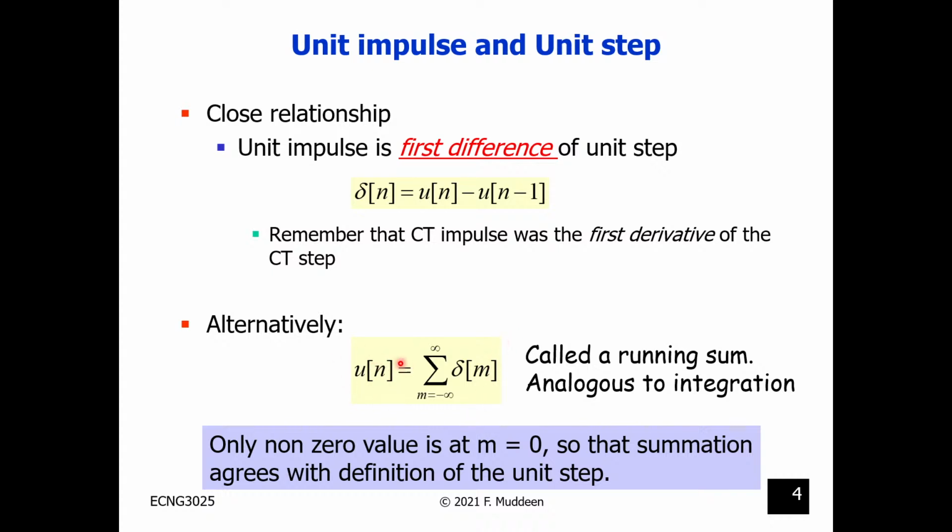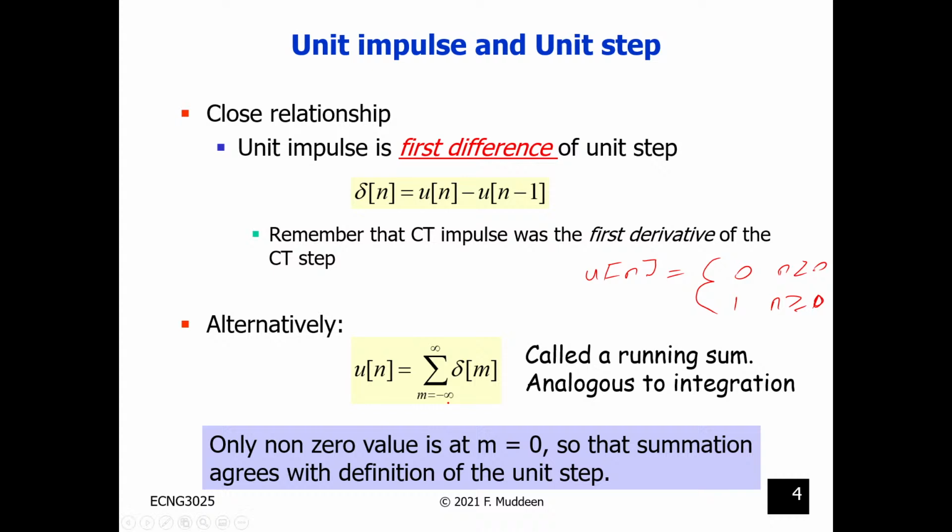In order to make sure that this converges to our unit step, remember the unit step, when it was mathematically defined, u of n was basically 0 for n less than 0, and then 1 for n more than or equal to 0.